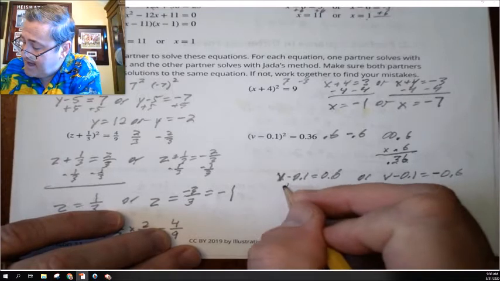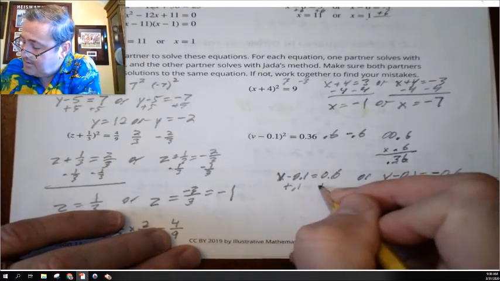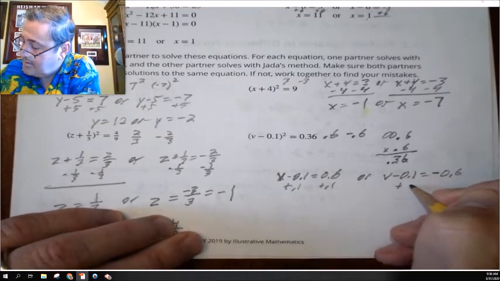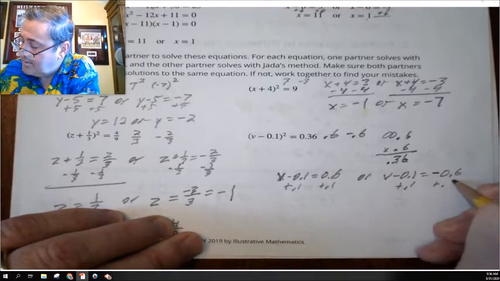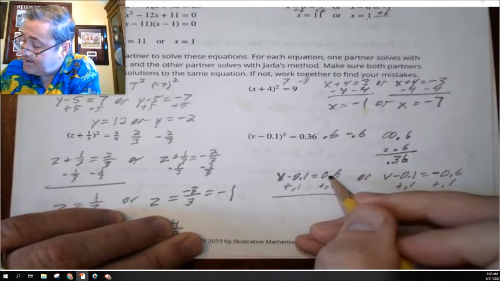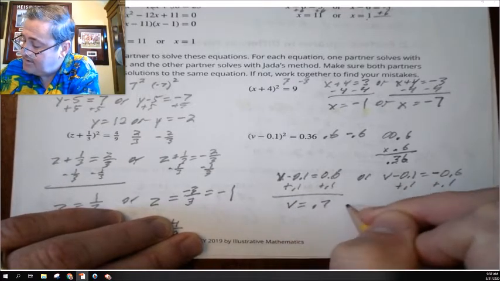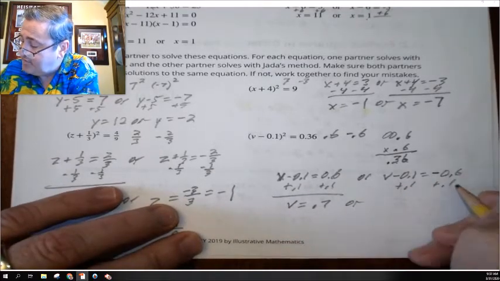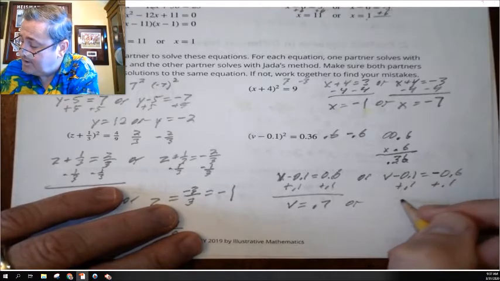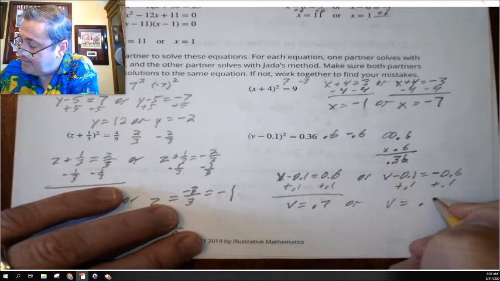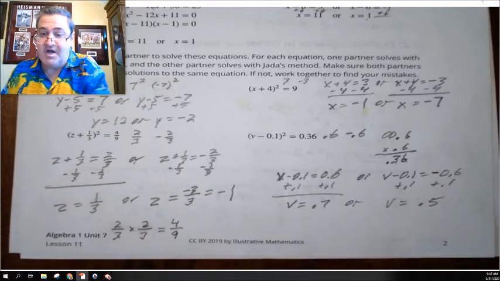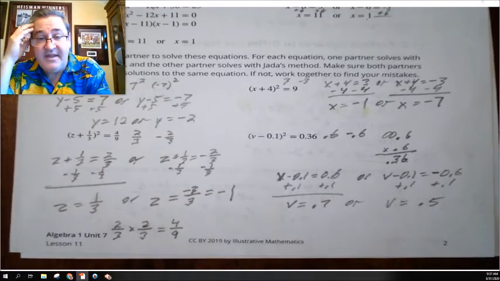So we would add 0.1. So what is 0.6 plus 0.1? V would equal 0.7, or negative 0.6 plus 0.1, V would equal 0.5. If that's a negative, that's a positive. Okay, see how that all worked?